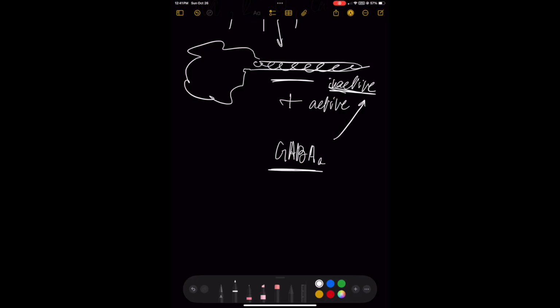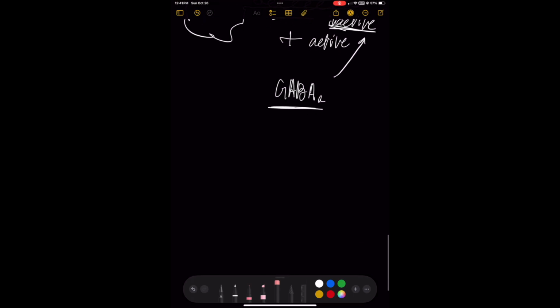And the barbiturates and the benzos will bond at this GABA and have it open for the Cl minus. And barbiturates increase the number of the openings of GABA, so it will look like this. That was really bad drawing.